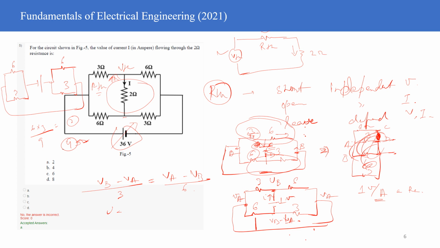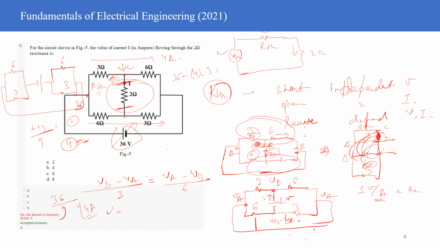So if this circuit is open circuit, then the current which will be flowing in these two parallel paths you can determine, right? 36 divided by 9 will be the current flowing here, so 4 ampere current would be flowing, and similarly 4 ampere current would be flowing here. Now this voltage will be 36 volt. So 36 minus 4 into 3 will be the potential at this point.